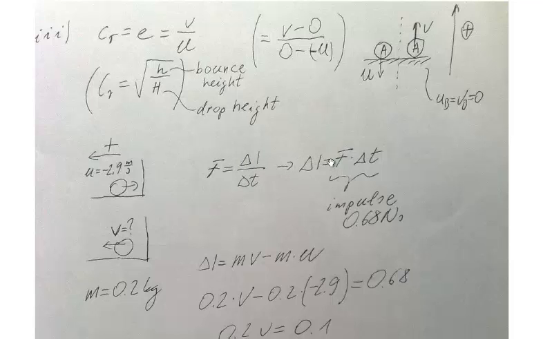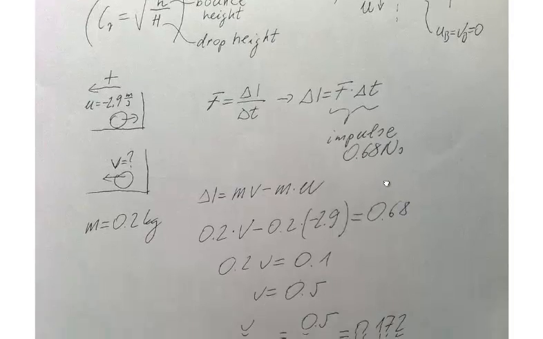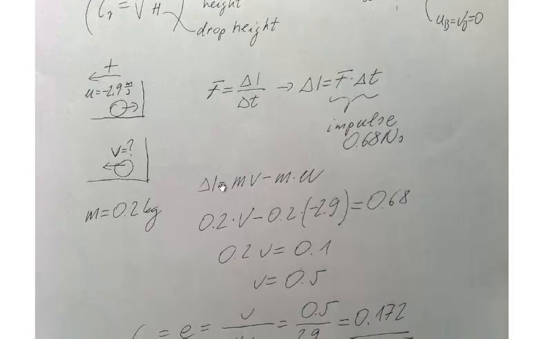So change in momentum is equal to F times change in time, and this is impulse. We know this, it's 0.68 Newton seconds. And change in momentum is equal to m times v minus m times u.